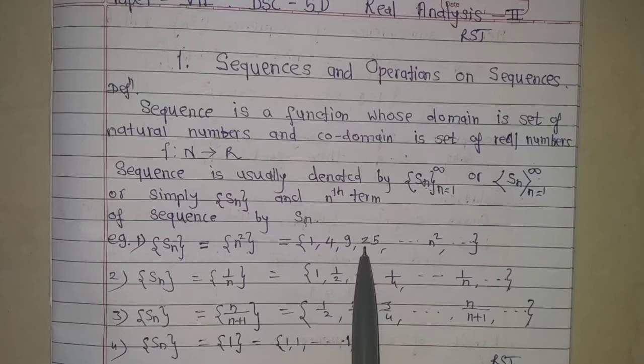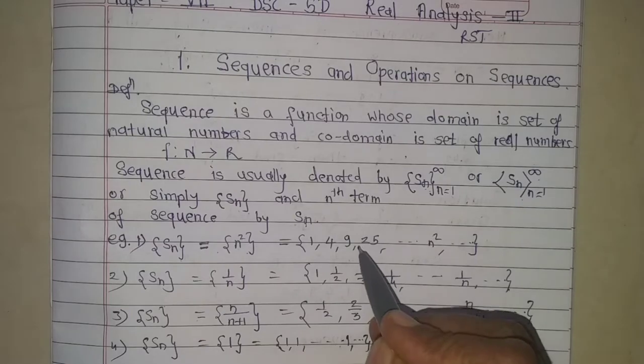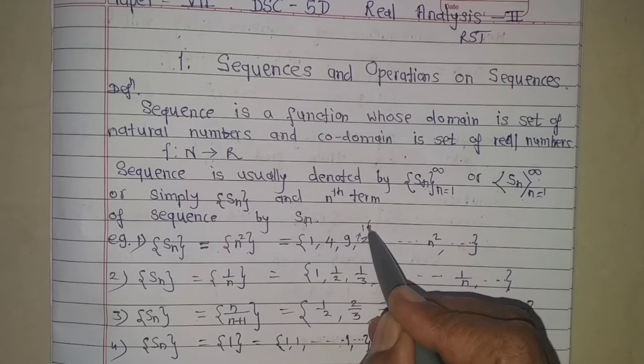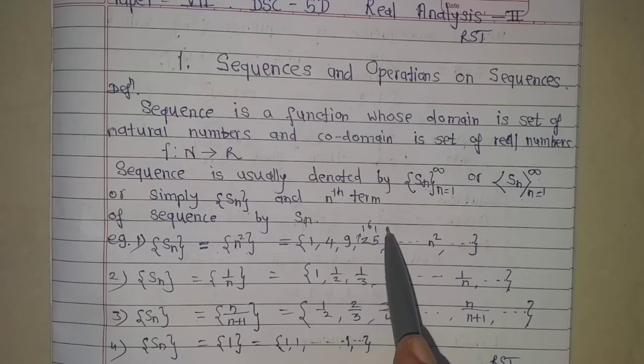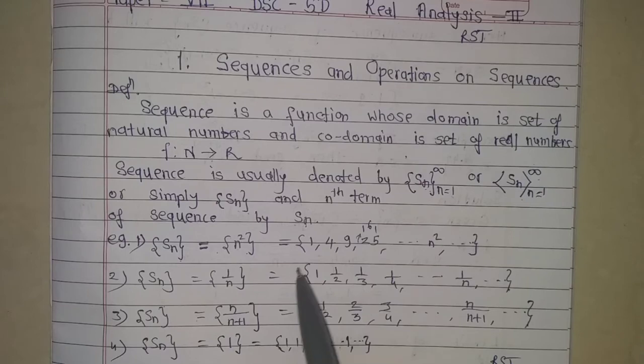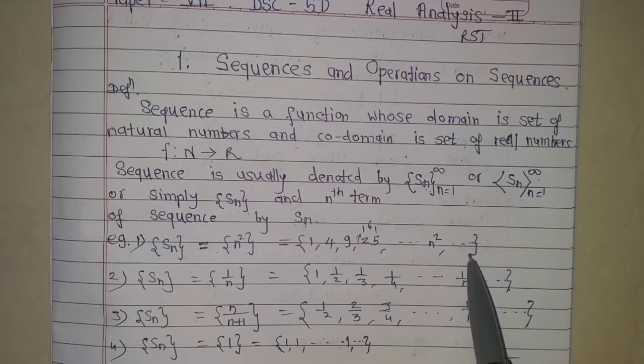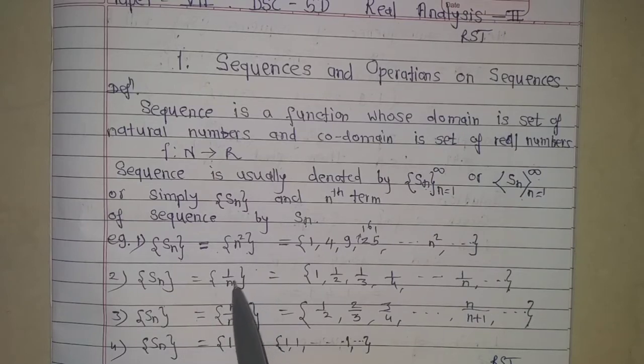When n equal to 4, there must be 16, after 9 there must be 16 term. 4 square is 16. And then when n equal to 5, the term is 5 square, that is 25, and so on, dash dash dash n square dash dash dash. This is infinite sequence.